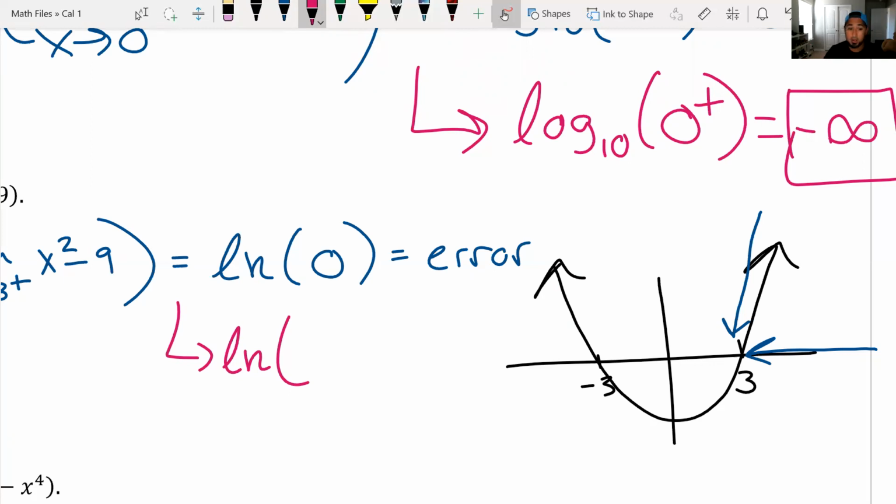Therefore, what I put in parentheses means that we are approaching 0 from the right, which means our limit will head towards -infinity. There it is. That's it.